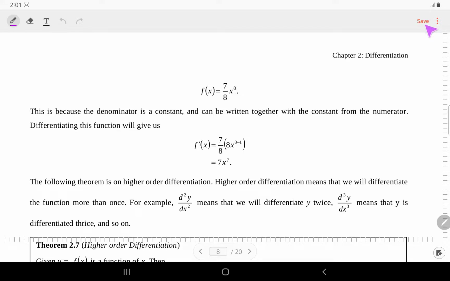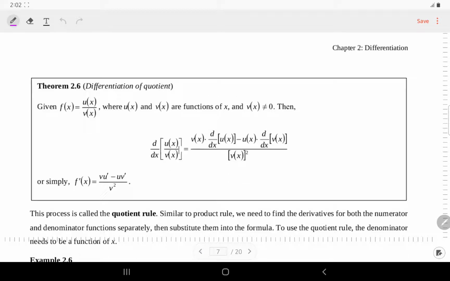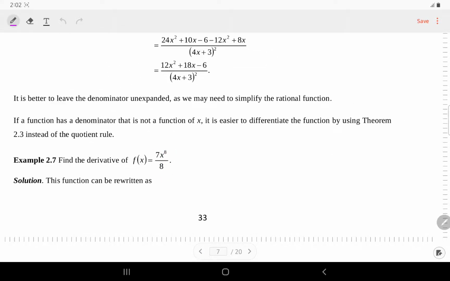So the simplest way is to simplify it as 7 over 8 x to the power of 8.